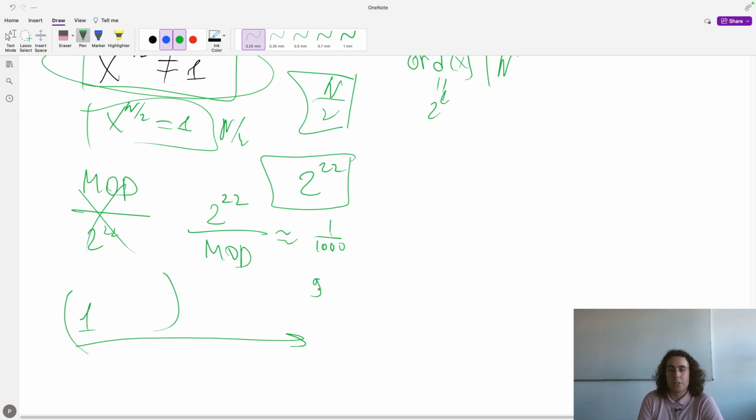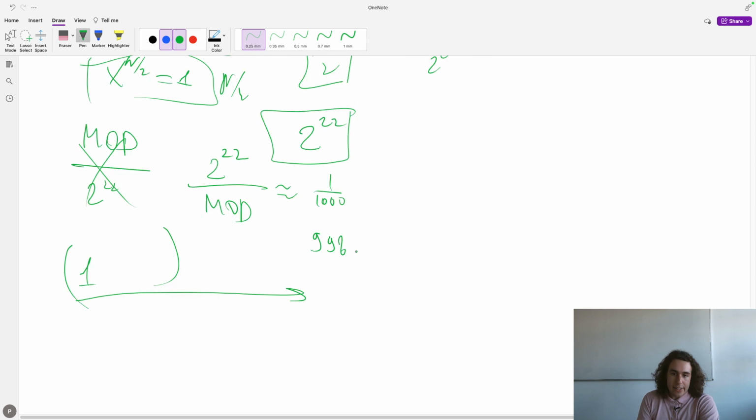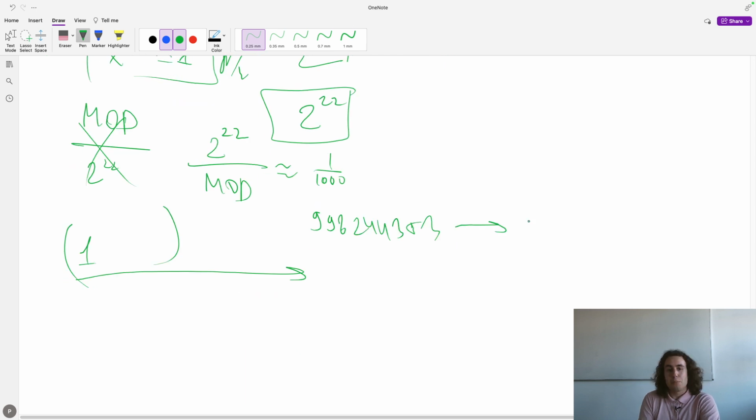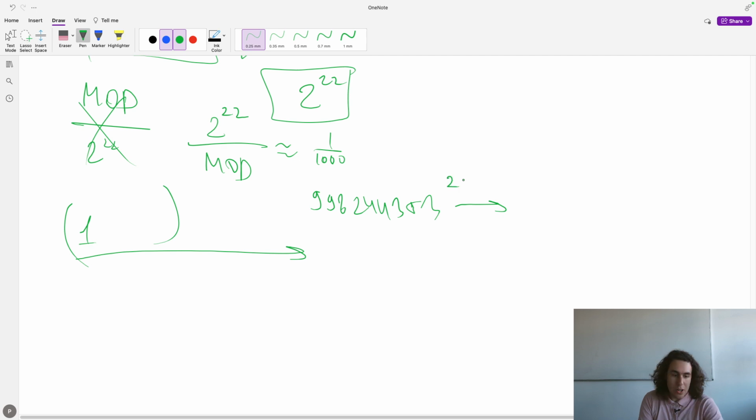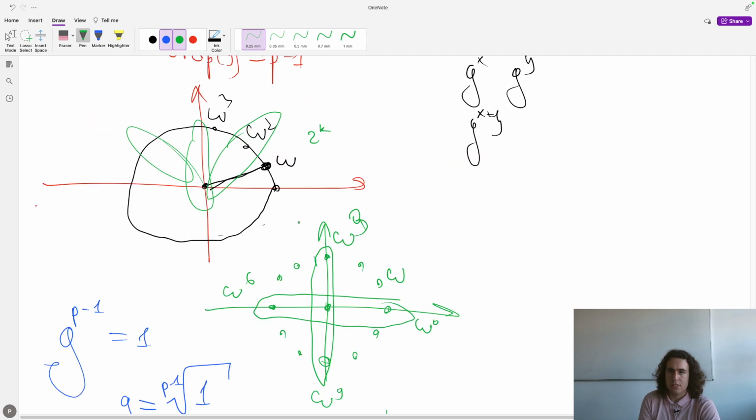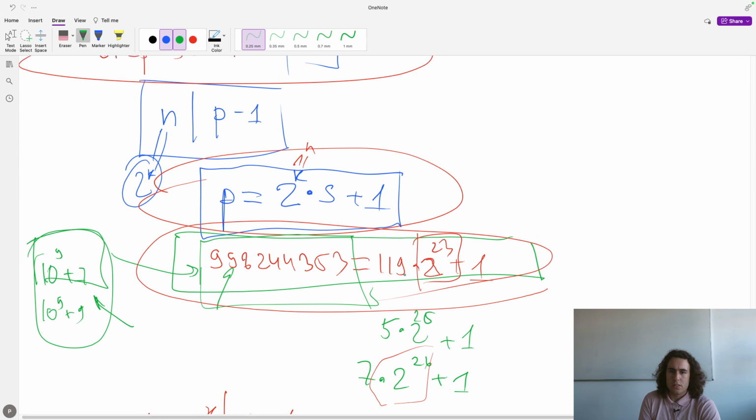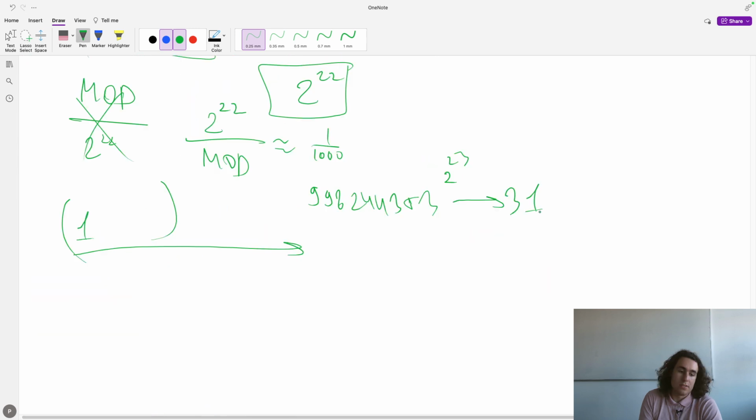But for example, for our mod 998244353, this primitive root of power 2 to the 23, right? Was it 2 to the 23? I forgot. 2 to the 23, yes. This is actually 31, so this is a very small number, and we can quickly find it.